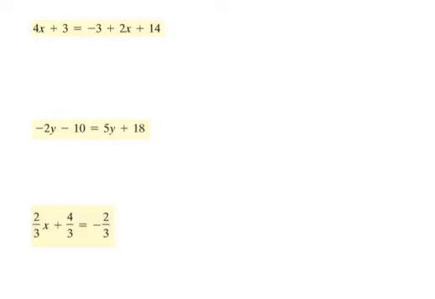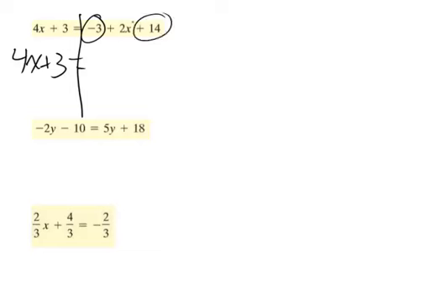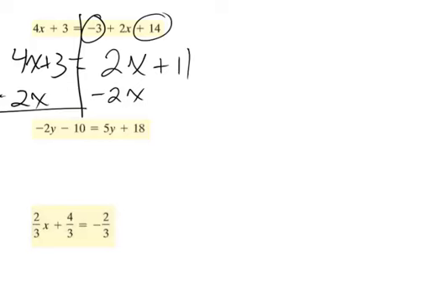All right, so for my next problem here, I'll draw my line. Let me get my pen. Draw my line coming back down. I'll leave this side alone, so that's 4x plus 3 equals, I'll combine these two together. That's 2x plus 11. I'm going to go ahead and move my smaller x to my bigger x, so I'll minus 2x here and minus 2x there.